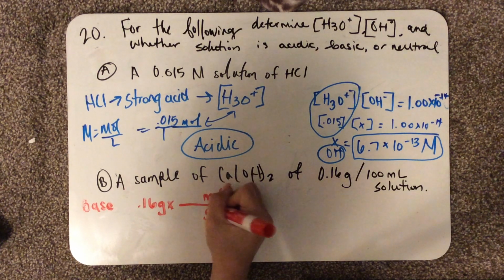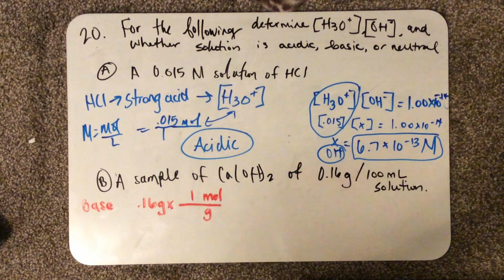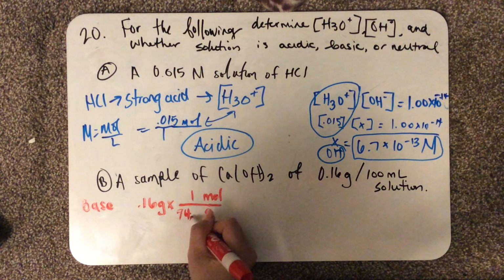Grams to moles. Let's find the molar mass here. Molar mass of calcium hydroxide is 74.093 grams.